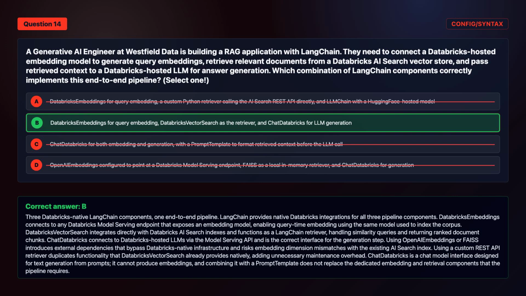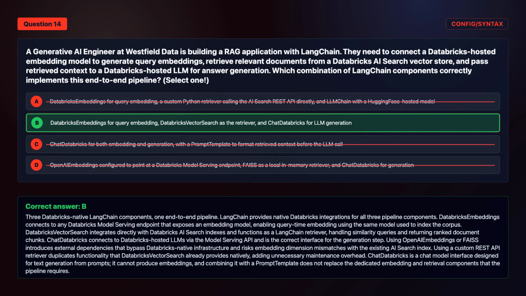Databricks Vector Search integrates directly with Databricks AI search indexes and functions as a LangChain retriever, handling similarity queries and returning ranked document chunks. Chat Databricks connects to Databricks-hosted LLMs via the Model Serving API, and is the correct interface for the generation step.